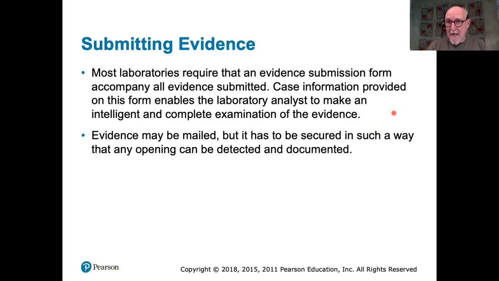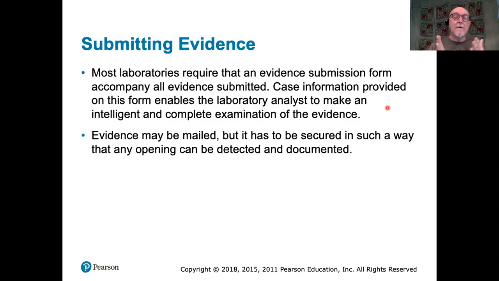It varies from lab to lab, but they will have a standard evidence submission form where all of the evidence being submitted to them is logged, and all of its information is carefully recorded. So it comes to them, it enters into their chain of custody. So they will carefully record the chain of custody once it arrives.